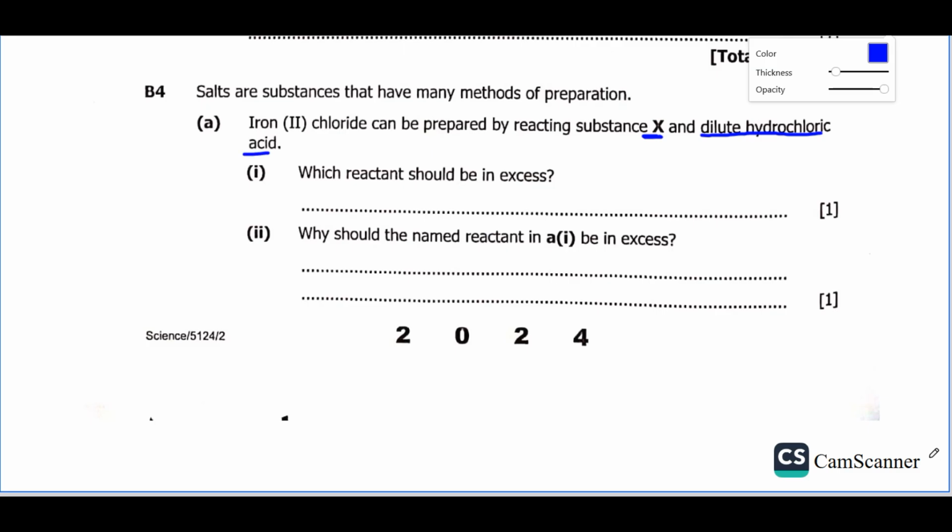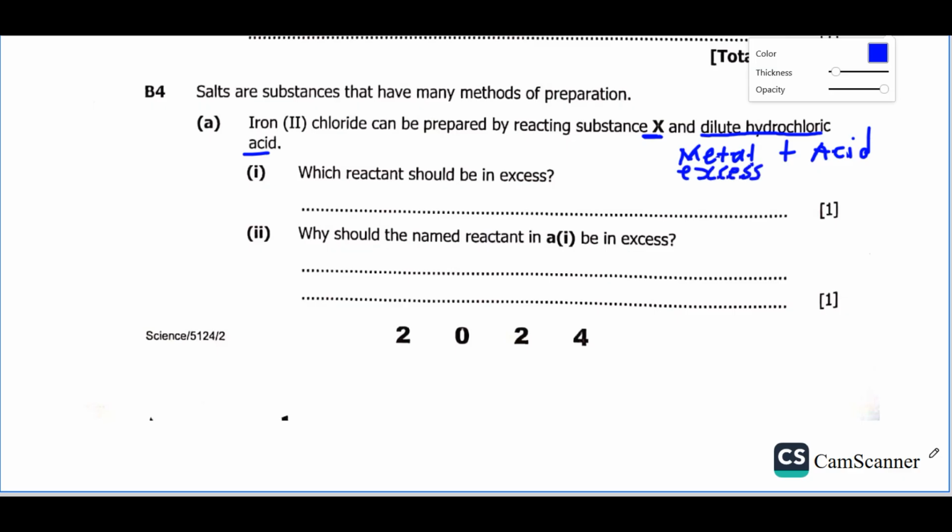So we are dealing with a reaction between a metal and an acid, of which we know that hydrogen and salt must be formed. Which reactant should be in excess? Whenever we are dealing with a reaction between a metal and an acid, which one must be in excess? The metal should always be in excess.